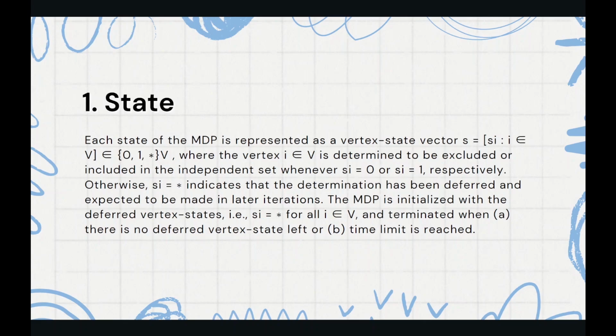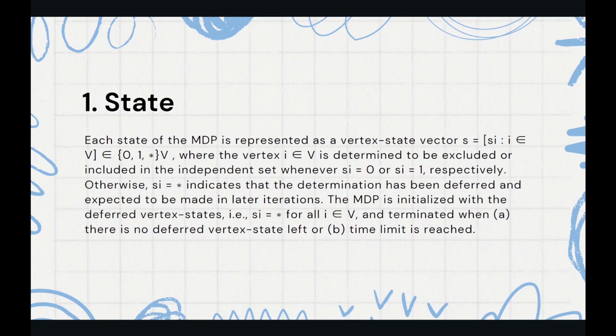A deferred vertex is a vertex on which an action will be taken, that is, either convert it into an excluded or included vertex. Each MDP is initialized with all deferred vertices. An episode ends when all the deferred vertices turn into either excluded or included vertices.